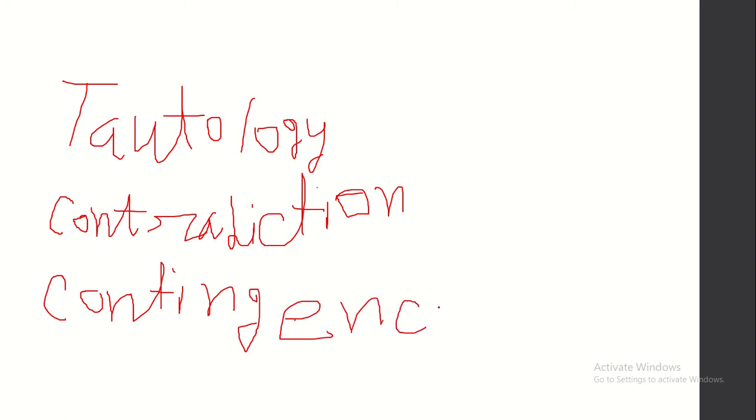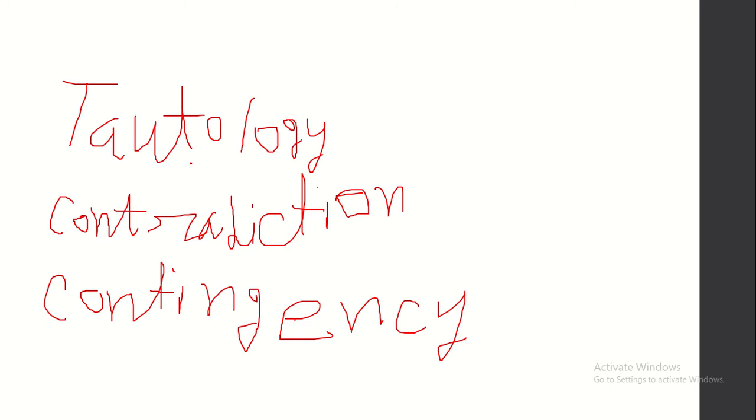One is tautology, one is contradiction, and the last one is contingency. So what do these terms actually mean?